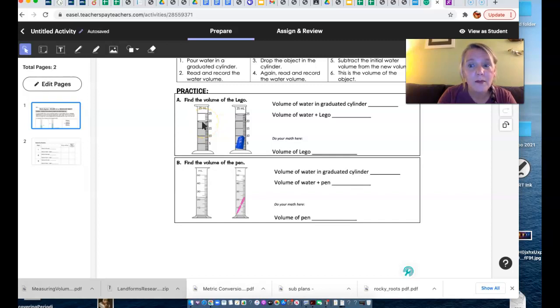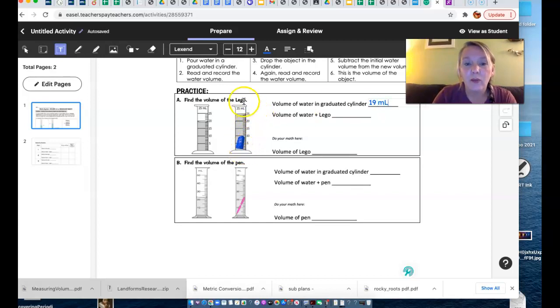The bottom, the bottom, the bottom of the meniscus. Looks like this is 15, 16, 17, 18, 19 milliliters is what we are beginning with. So we're going to go ahead and type that in right here. 19 milliliters.